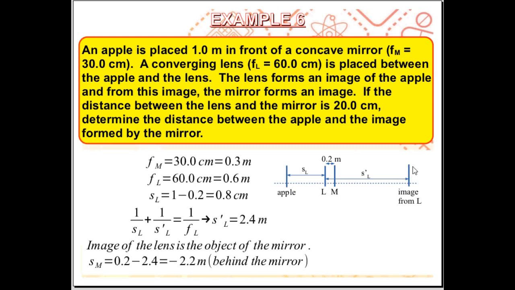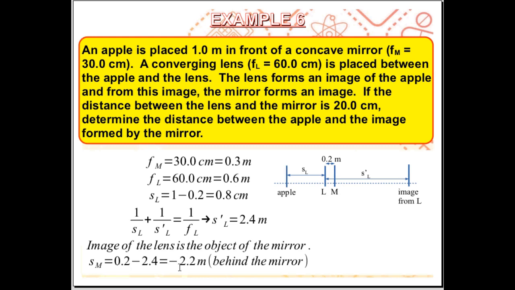This image will be the object that is seen by the mirror. Notice that as far as the mirror is concerned, the object is behind the mirror, so object distance should be negative. 2.4 meters from the lens to the object, or the image of the lens. Lens and mirror is 0.2 meters, so mirror to the object is 0.2 minus 2.4.